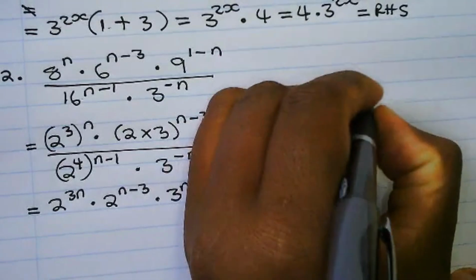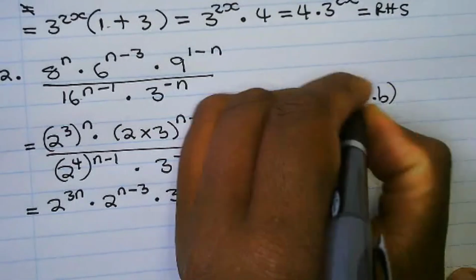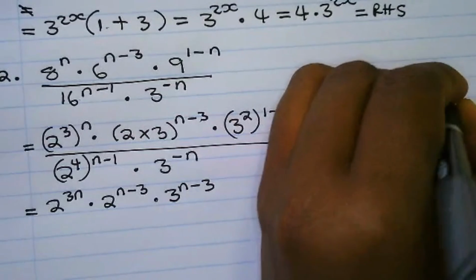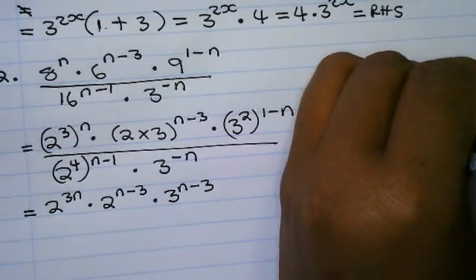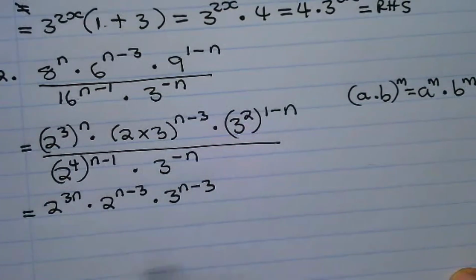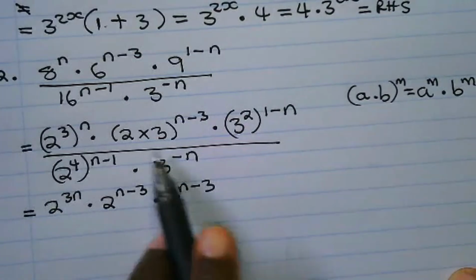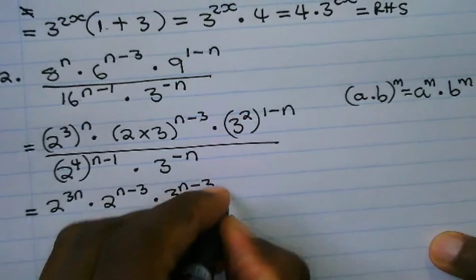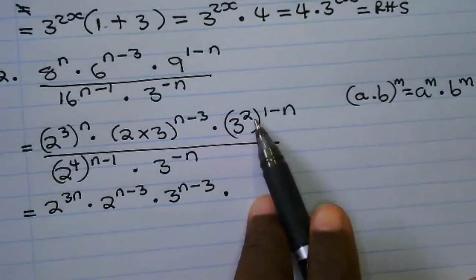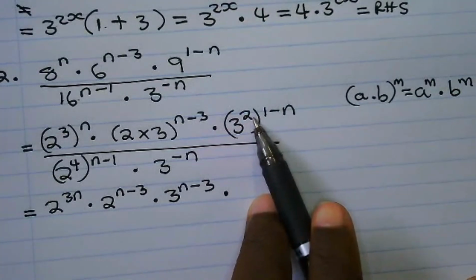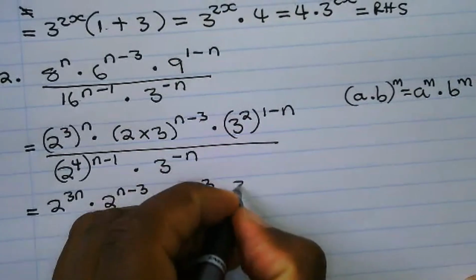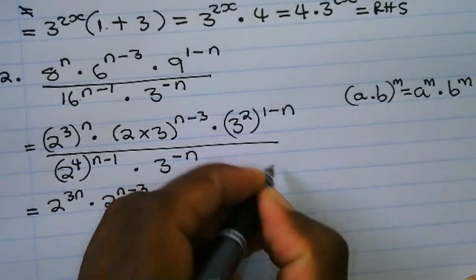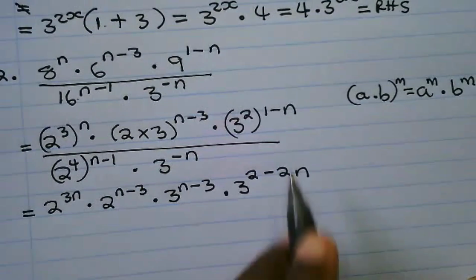Remember that law which says a b raised to m is equal to a to the m times b to the m. Remember this law, that's the one I'm using here. And then the third one there, multiply 2 by this one, that's 3 raised to 2 minus 2n.